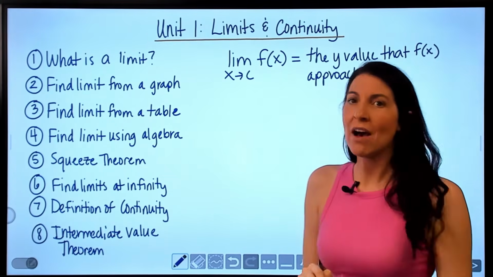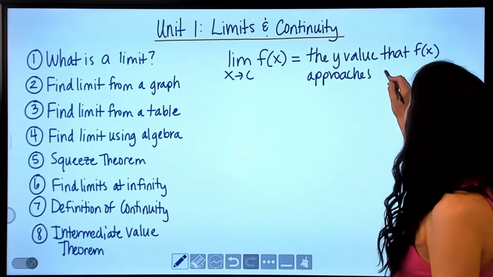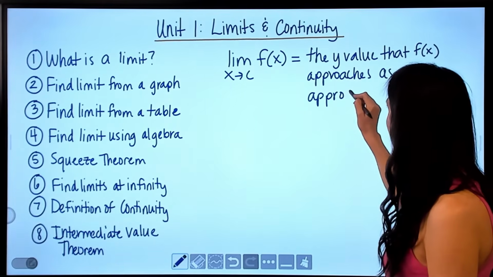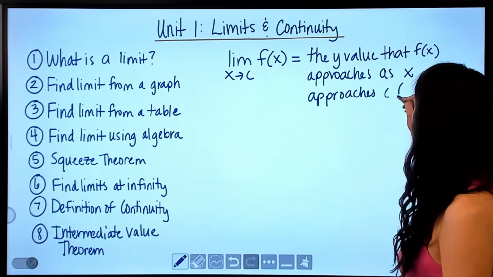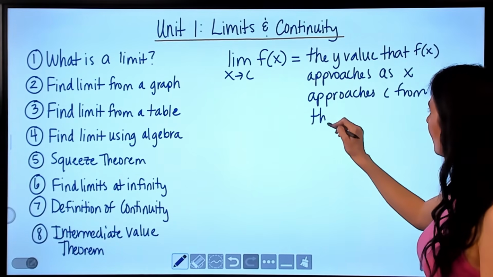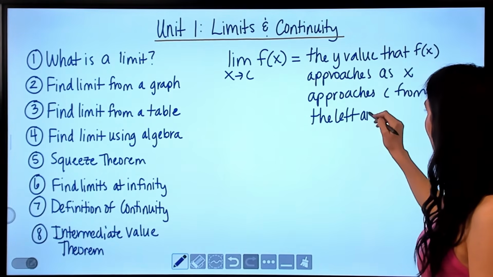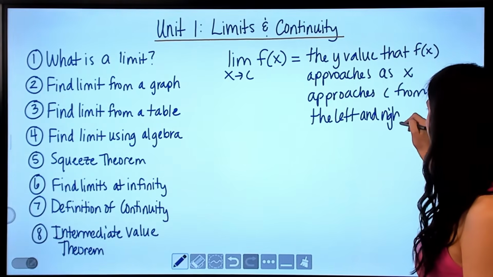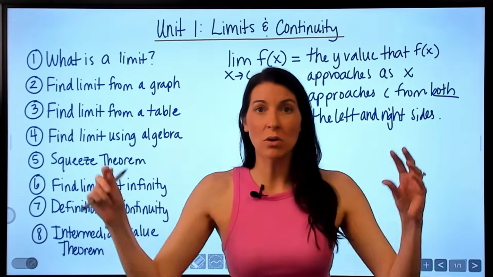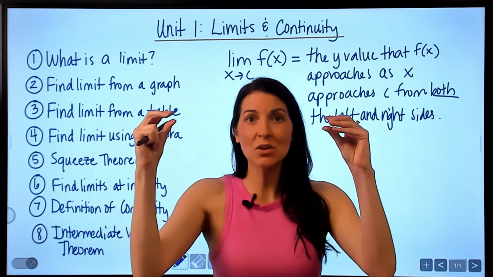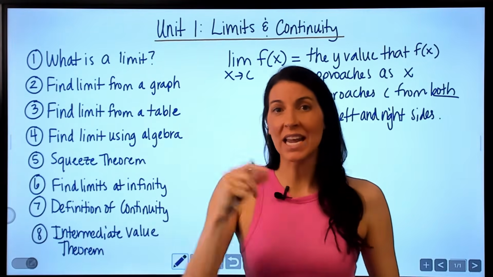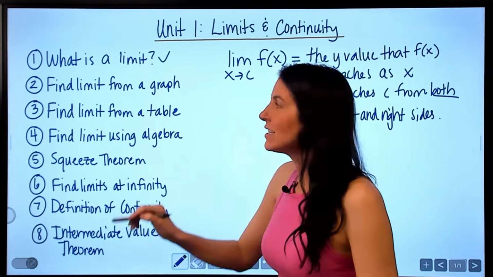The value that f of x approaches as x approaches c from both the left and right sides. Okay, so it's the y value the function approaches as the graph approaches that x value, again, from both the left and the right-hand sides. That's what a limit is.